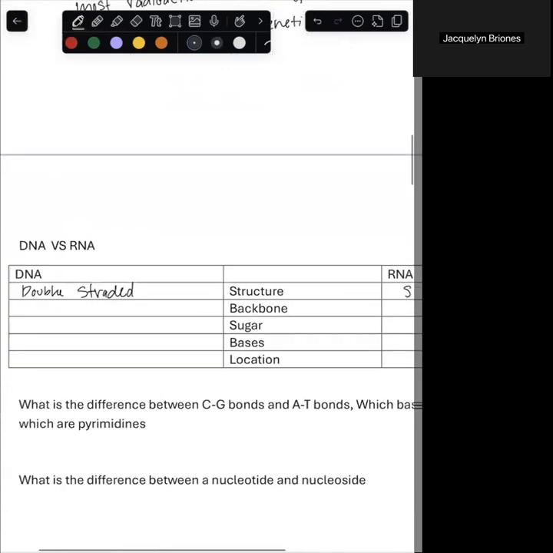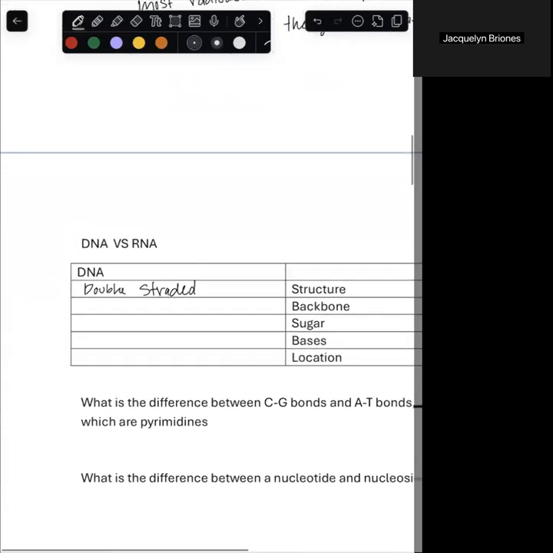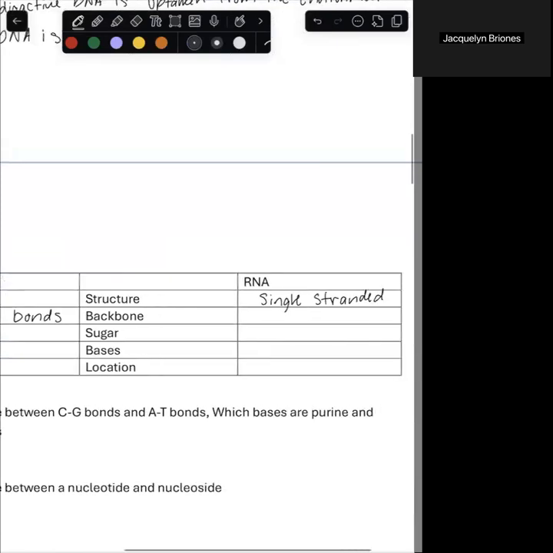The backbone, also very important. They both have phosphodiester bonds.